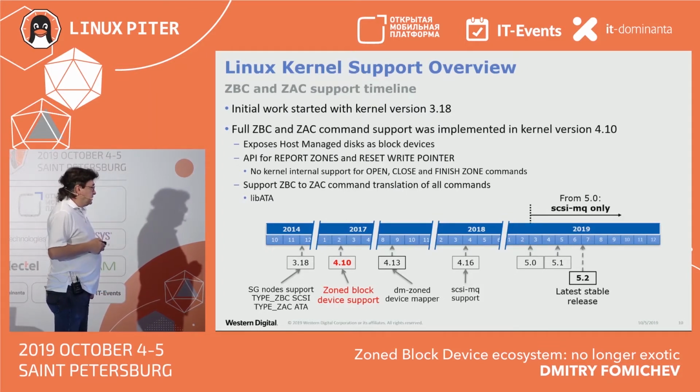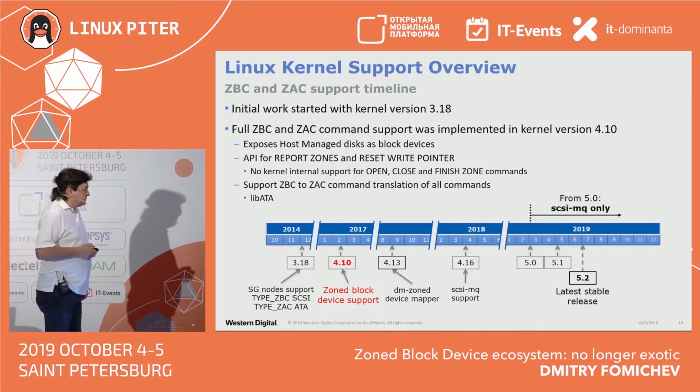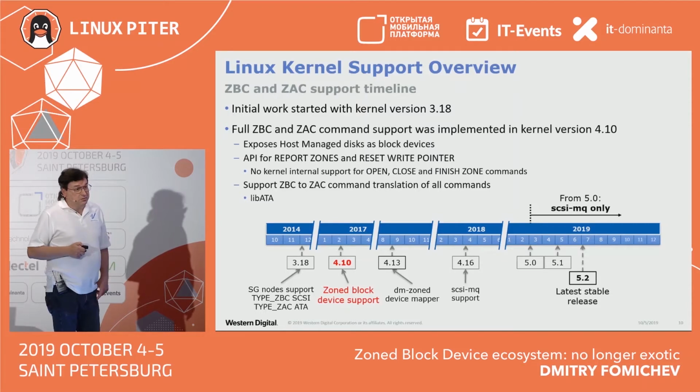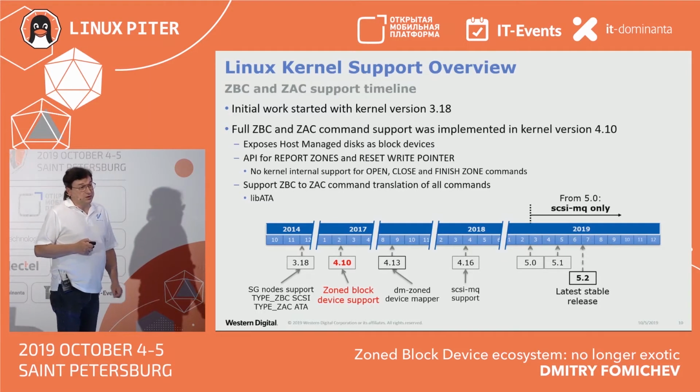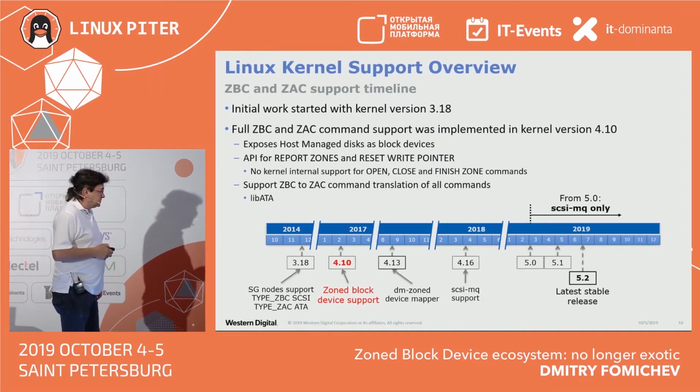And at that point, the initial code was located in the SD driver. And it was not an ideal solution, because many checks for zone devices were in the hot path. So they were also checked for non-block devices.